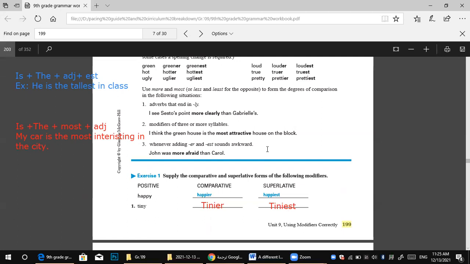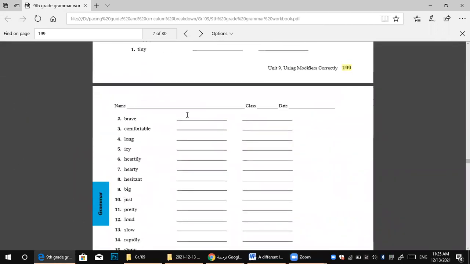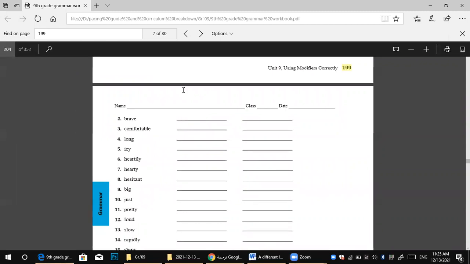Now the next example: brave. What happens for brave? Not bravier, but braver, and bravest.